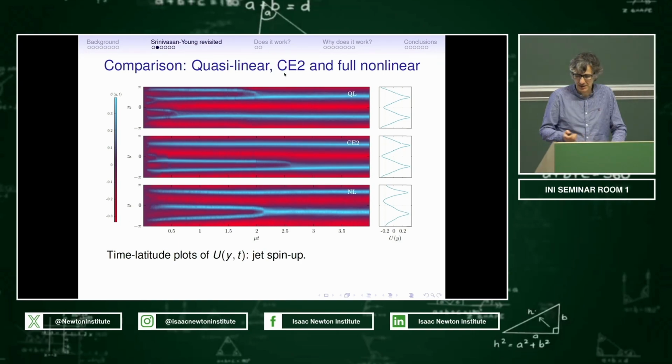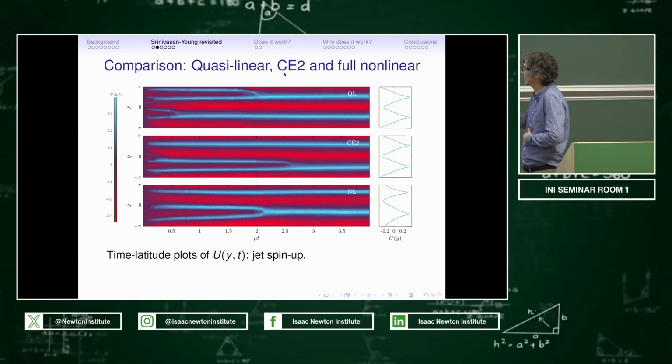The idea is that the quasi-linear and CE2 models should both converge to the nonlinear model at large Z. For practical reasons, our nonlinear simulations are at finite Z, so there's a bit of disagreement between the nonlinear jets and the quasi-linear and CE2 jets. But CE2 is the statistics of the quasi-linear model, so there's good agreement in the equilibrium jets between these two systems. These are numerical integrations of all three systems.